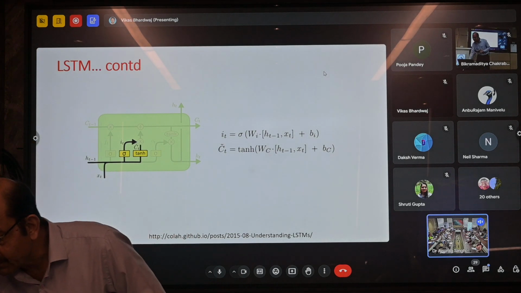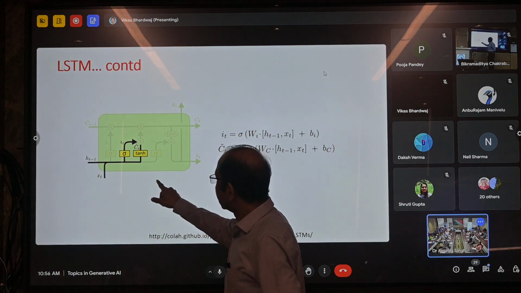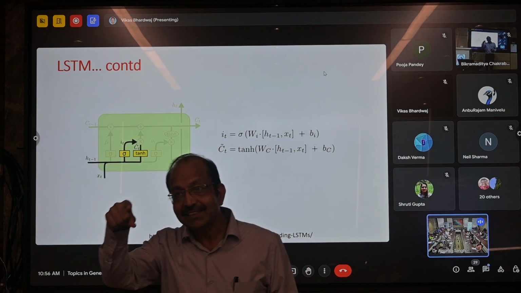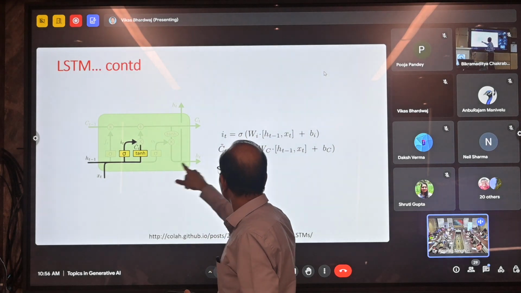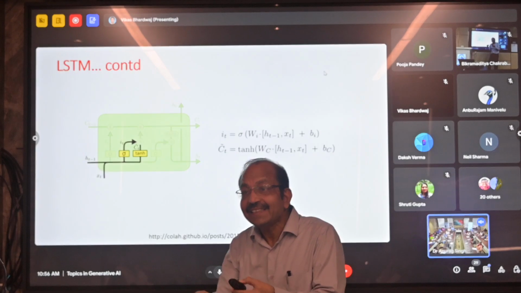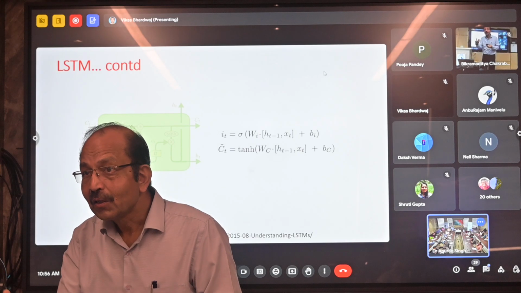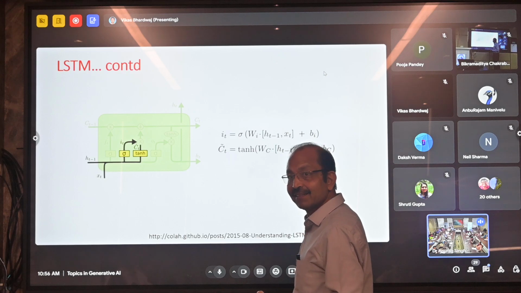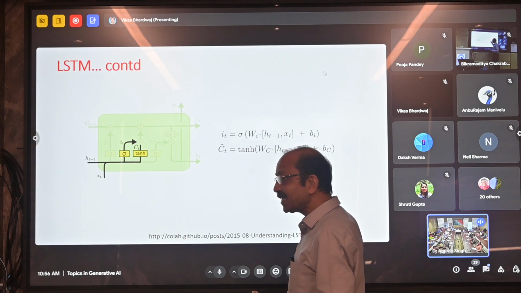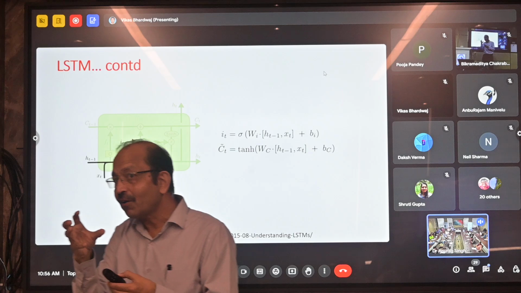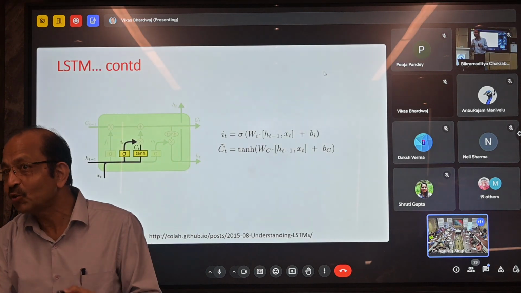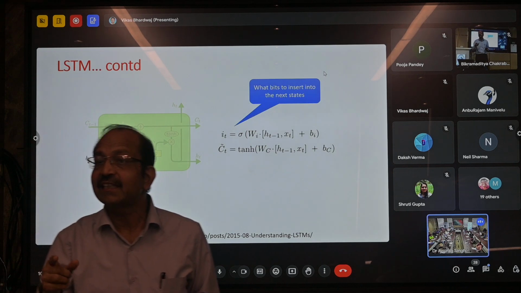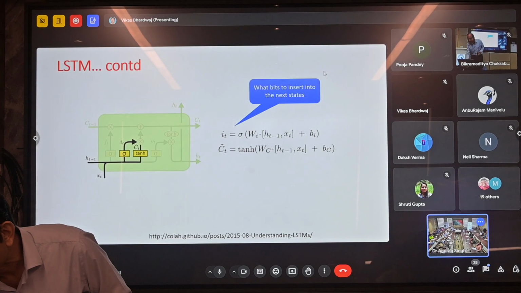Now we are going to talk about the same input xt and st minus 1, from which you are going to compute what content is important. For that I will learn separate weights, given by WC and BC. The input is the same, but the job of these weights is to find out which content is important, which bits to insert into the next stage.